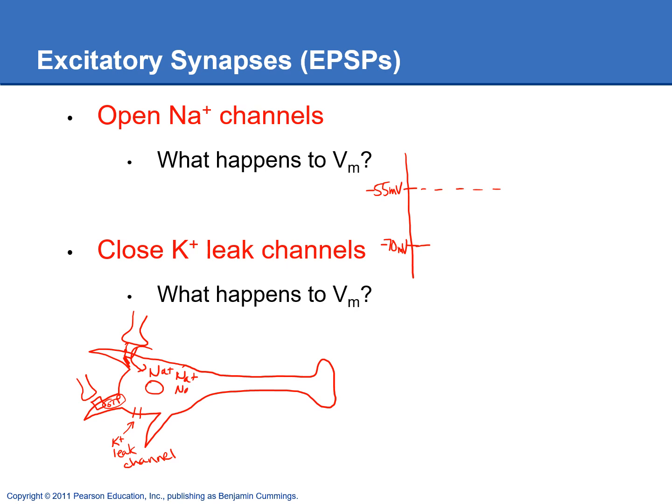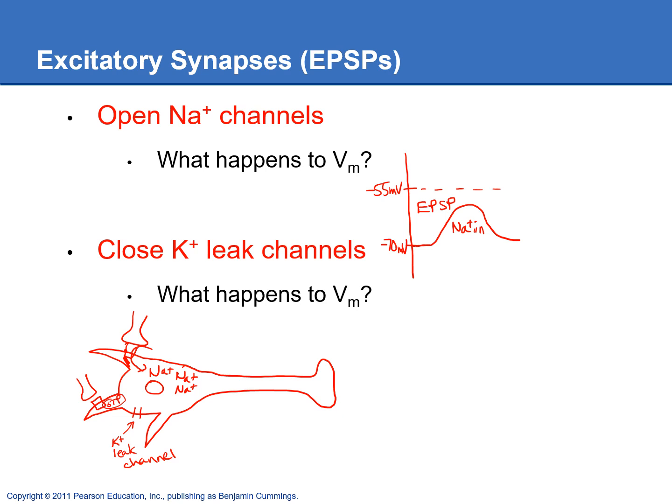And if you have lots of sodium coming in, that's going to make the inside of this neuron more positive. So the membrane potential will depolarize, and that's going to create an EPSP. So sodium coming in creates a depolarizing graded potential or an EPSP, right? So that's one way to create an EPSP.